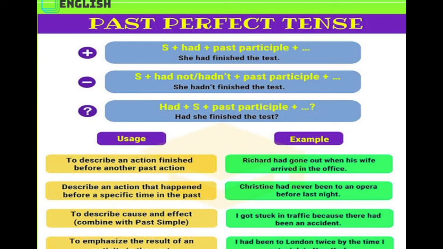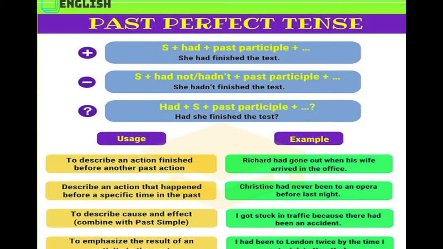She hadn't finished the test. Now the question: had plus subject plus past participle plus object. Here in a question, as I have told you, the auxiliary verb comes before the subject, and after the subject we write the main verb, that is the verb's third form. Had she finished the test?